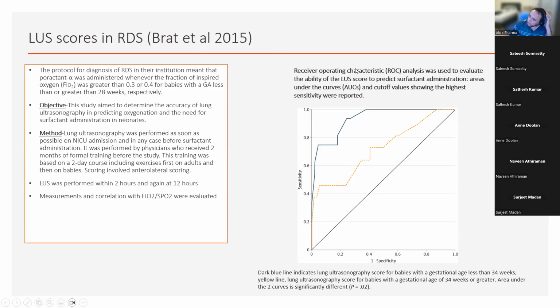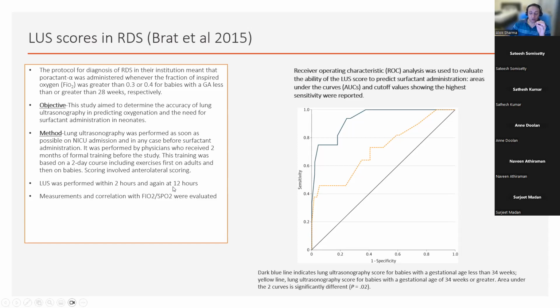So really what they had is a group of individuals who can do lung ultrasound, but who don't participate in the decision making around whether the baby has clinical RDS and treatment with surfactant. They did lung ultrasounds at 2 hours and 12 hours.